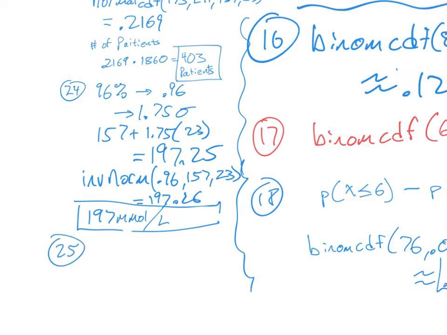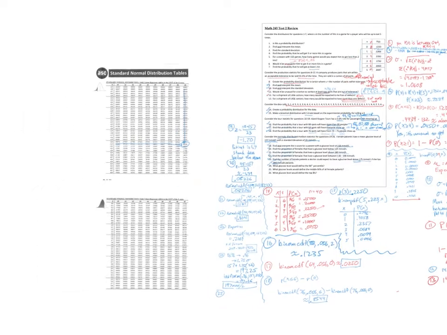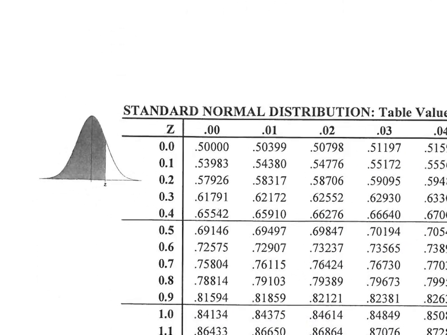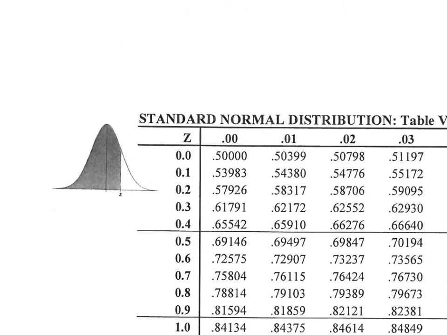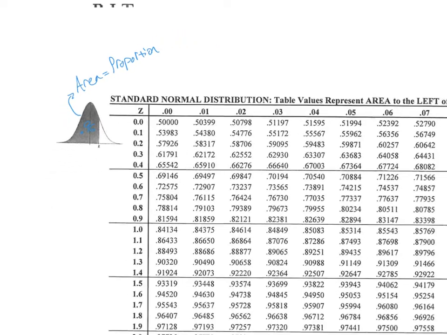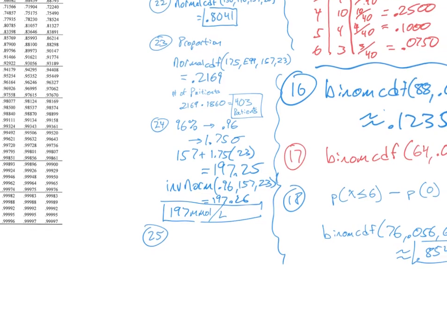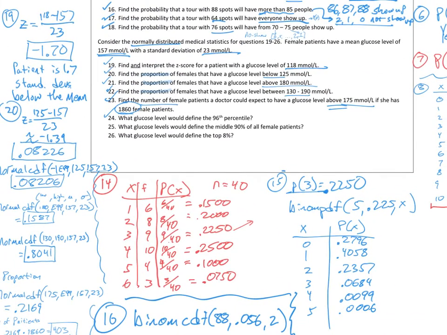Remember, the percentile is the area, and these pictures will remind you. The area is the proportion, or we could also say the area is the probability. So we were looking for 0.96. The total area is 1, and 0.96 is the area that we were looking for. And that translates it for us.